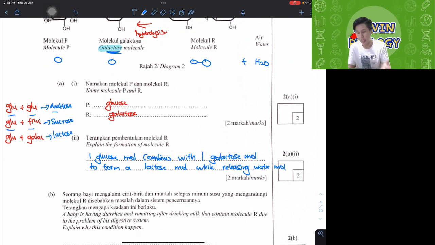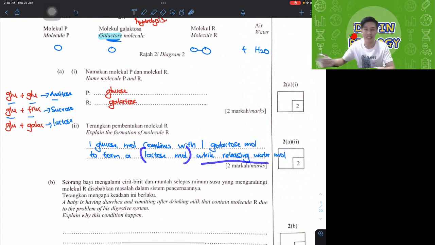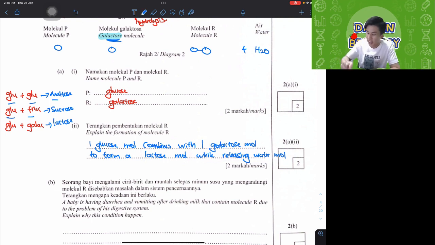In BM it is almost the same: satu molekul glukosa berpadu dengan satu molekul galaktosa untuk membentuk molekul laktosa dengan melepaskan molekul air. And then you can say through condensation.